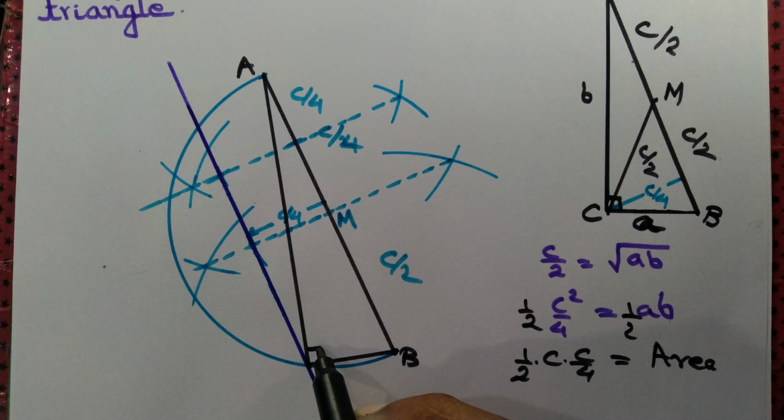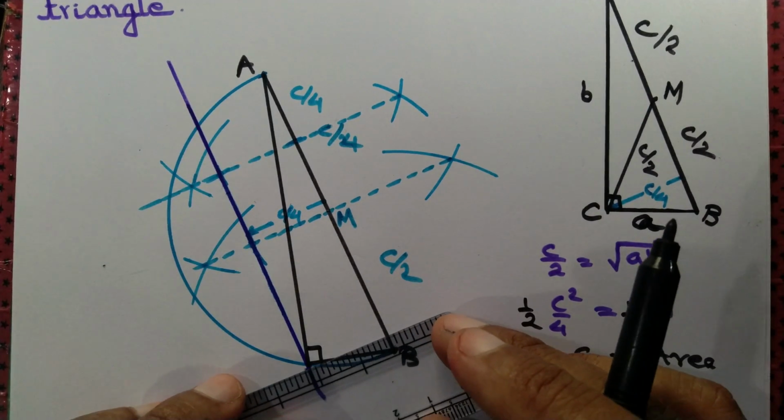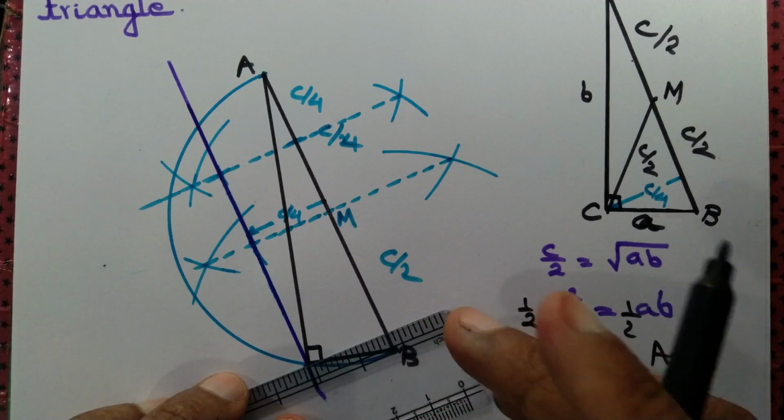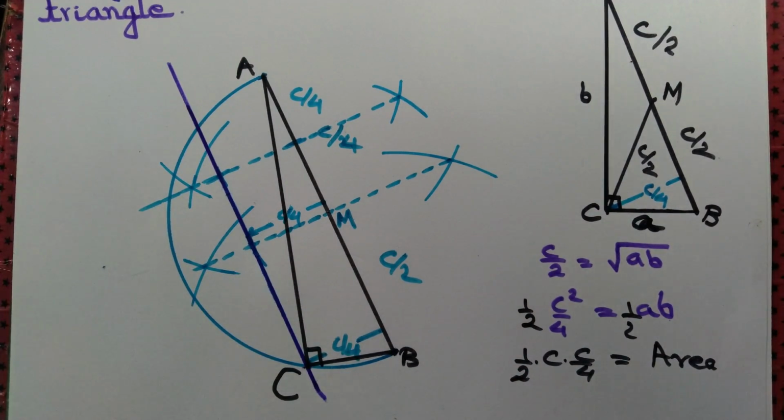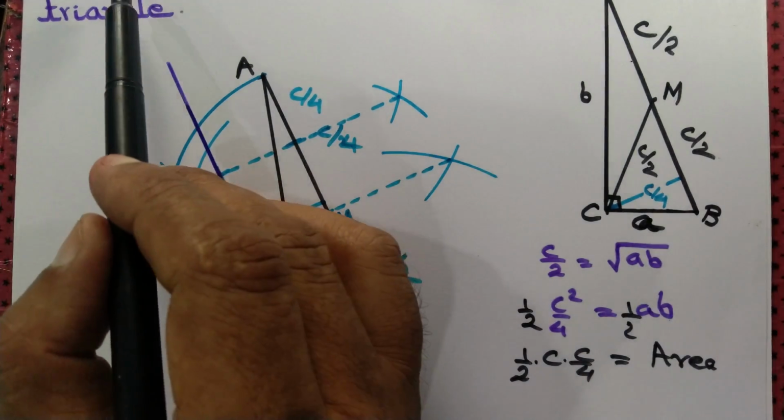Angle in a semicircle is a right angle. Nice. And the altitude is C by 4 unit. Okay, we call this point the vertex C, and we got a right angle triangle ACB with AB measuring C unit. And how about the other criteria?